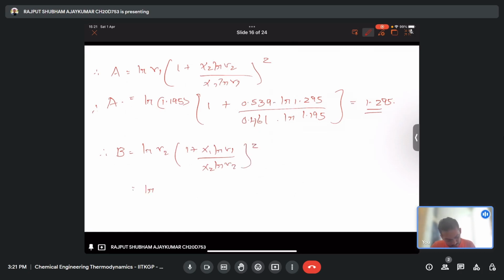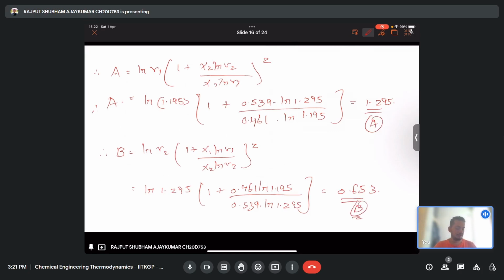So ln gamma 2 is 1.295, 1 plus x1 is 0.461 ln of 1.195, divided by x2 which is 0.539 into ln of gamma 2, which is 1.295. This comes out to be 0.653. So these are the two values of A and B, the Van Laar constants.